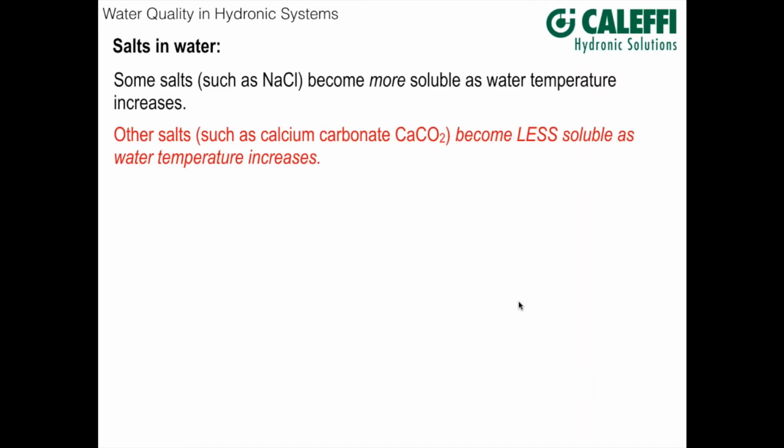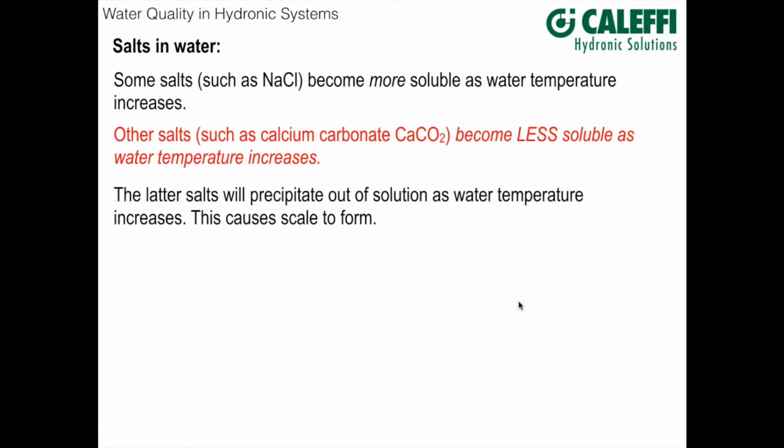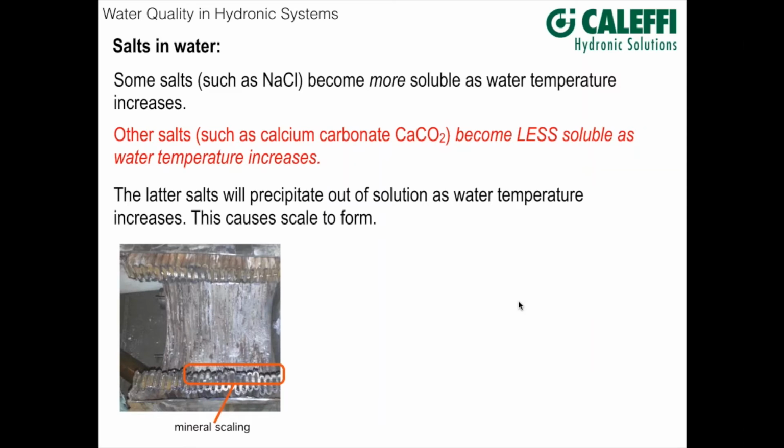So if we have cold water in a hydronic system, and we have some calcium carbonate dissolved at a molecular level in that water, when we heat that water in a boiler or a heat pump or a solar collector, any type of heat source, as that water gets hotter, the ability of that water to retain that calcium carbonate as a molecule decreases, and eventually we use the term it precipitates out of solution. It simply cannot stay as a molecule in the water, and it's going to precipitate out, and that leads to scale formation.